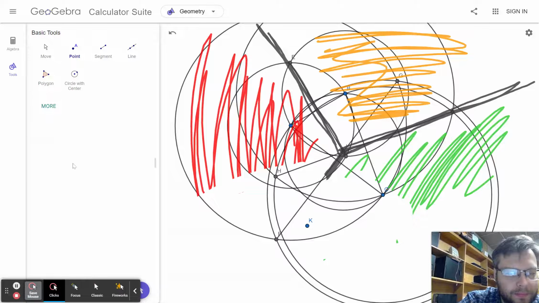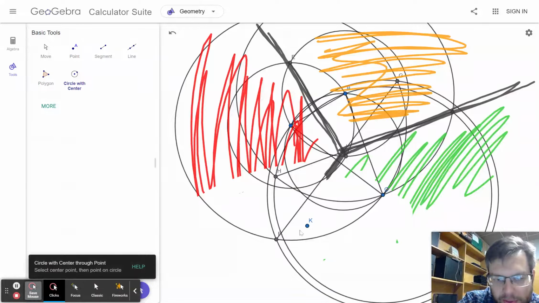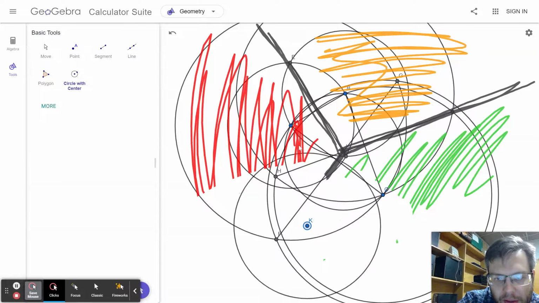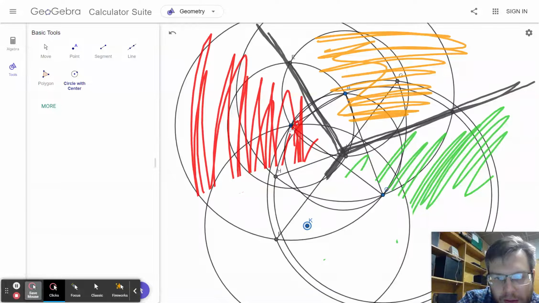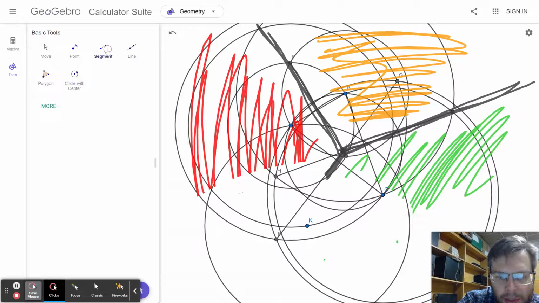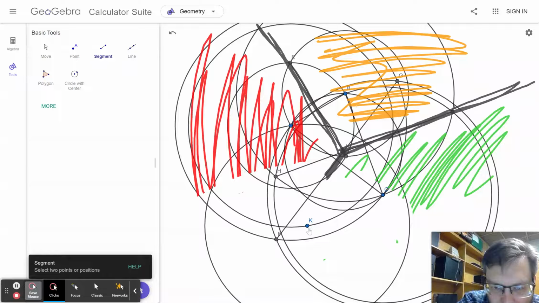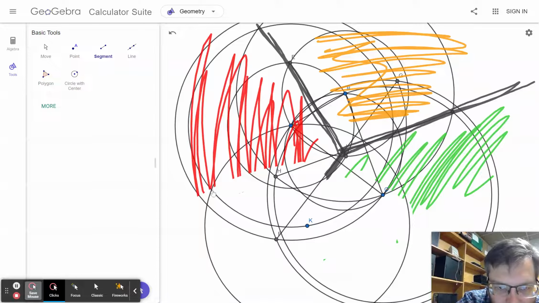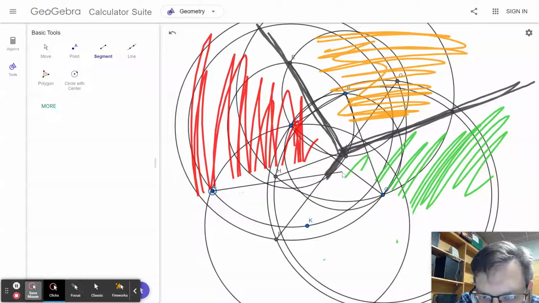So let's do a circle with the center at K, going through A, and then A, going through K, and let's draw our perpendicular bisector. So K to A. And then over here on the other side, K to A.